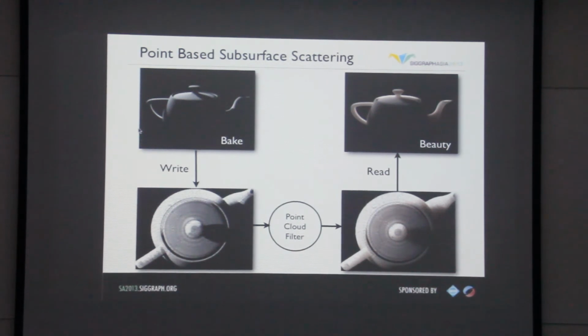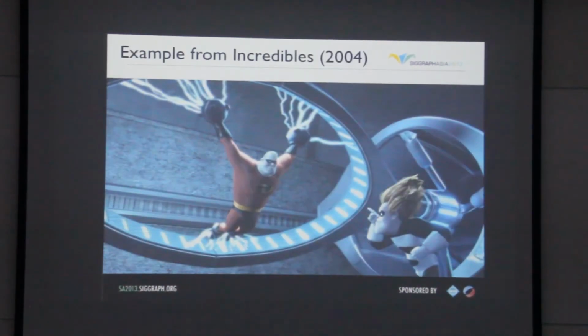But that was the technique we used on Incredibles back in 2004 to get the skin shading. That was what we call point-based subsurface scattering. And there's an equivalent in games called image-based subsurface scattering that can do an approximation of this. So that's how, through the years, from 1995 to 2004, we did our rendering.